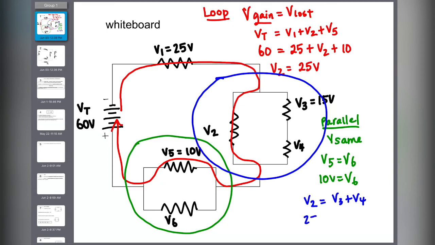So I got 25 as my V2. I know V3 is 15, and then V4 works out to be 10. Okay, so I think I found everything there. Are we okay? So you always check for loops and you always check for parallels when dealing with voltage.